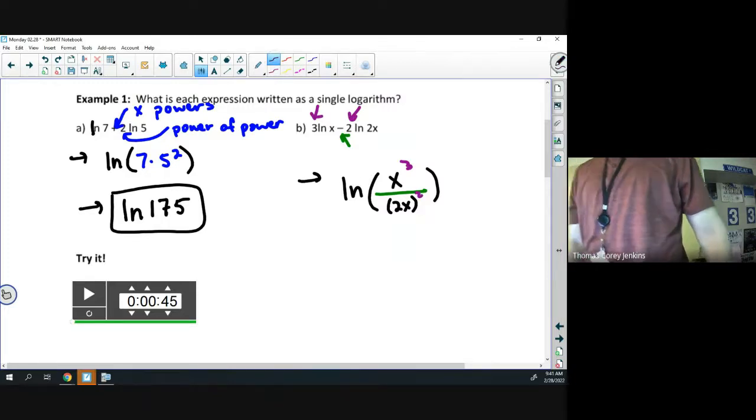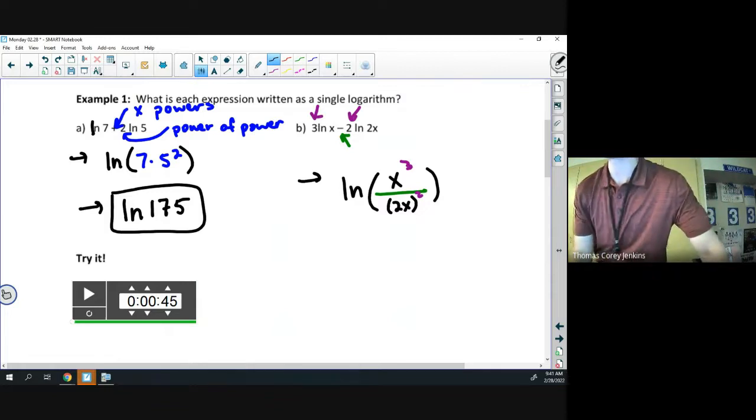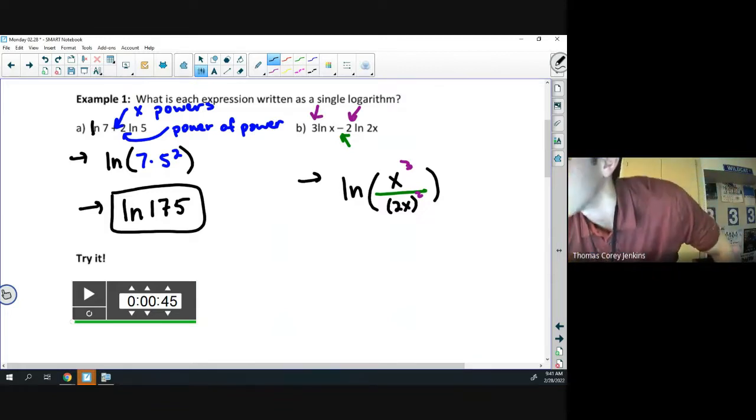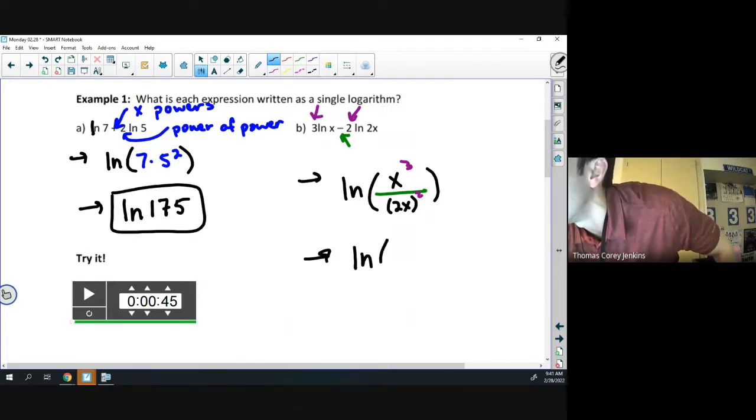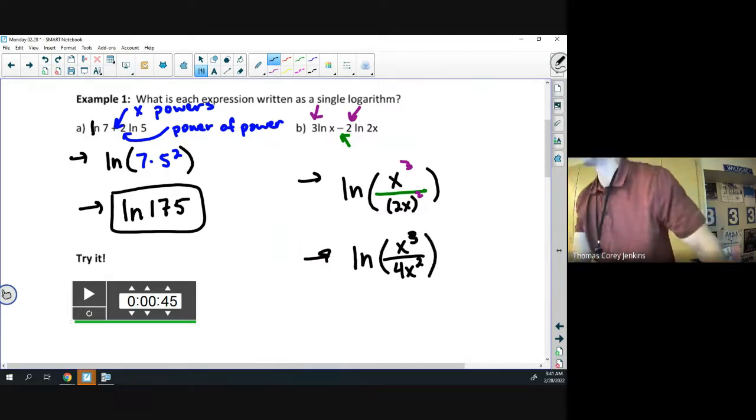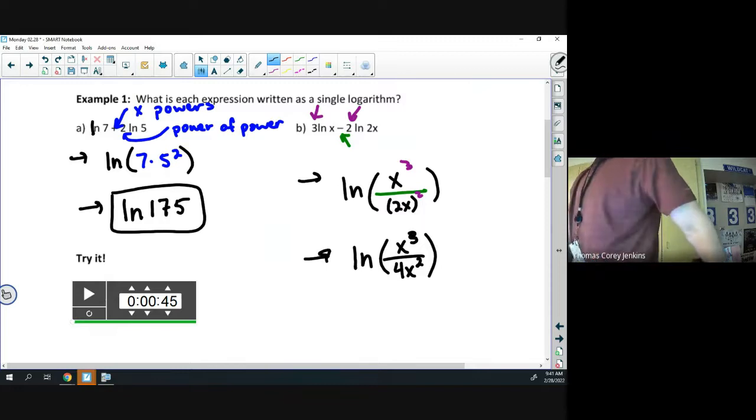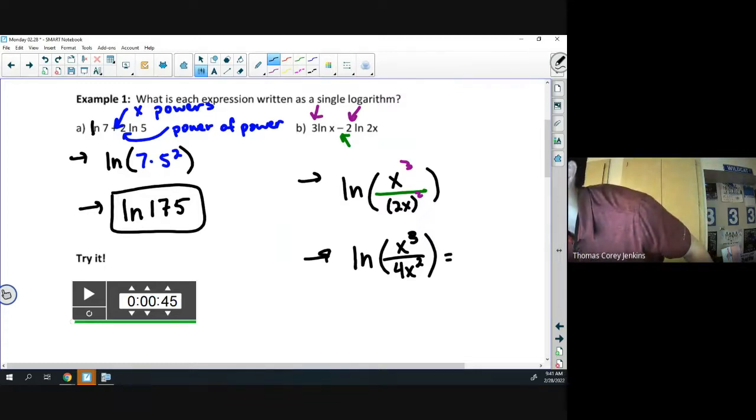Now we can simplify that fraction a little bit, but that's the main thing, that you know it's equivalent to what I just wrote out. So natural log of x cubed over 4x squared. And then usually you're done at this point, but I can simplify x to the third over x squared as x to the first over 1. So final answer here, most simplified answer, is natural log of x over 4.